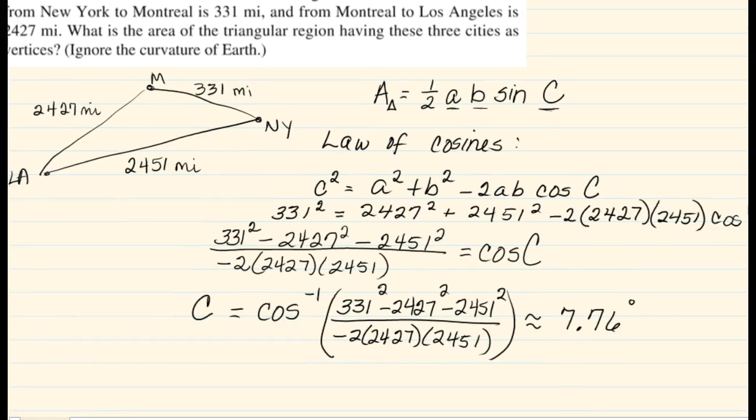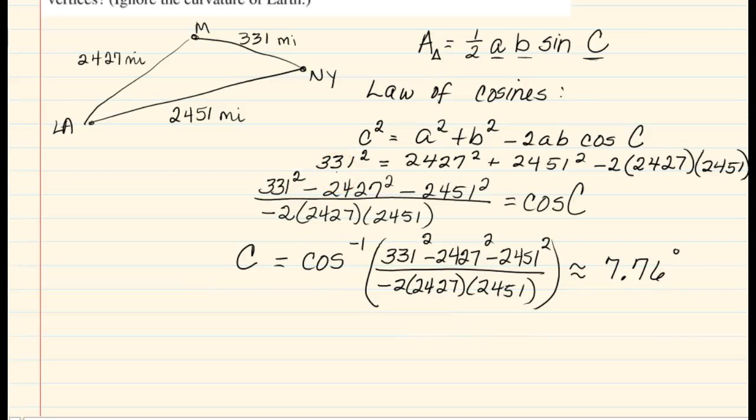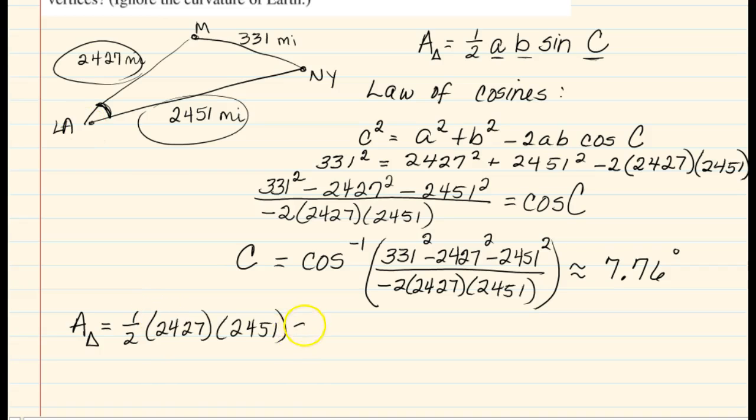Now that we have that, we can use our formula for the area of a triangle. So we found angle C. Notice that angle C is opposite of the 331. So this is my angle that we found. So I'm going to find the area of our triangle is equal to 1/2, and then I pick the two sides surrounding my angle times the sine of my angle C, 7.76 degrees.